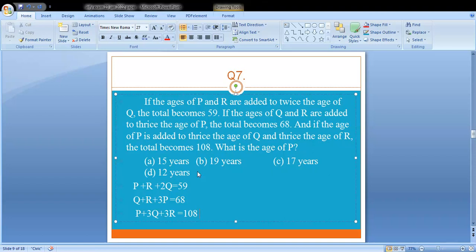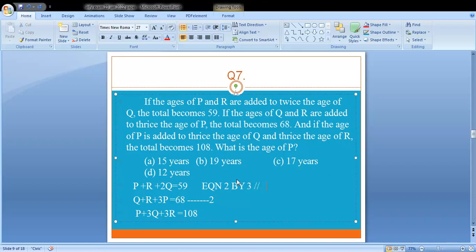So if I take it as equation 2 and multiply equation 2 by 3, what do we get?